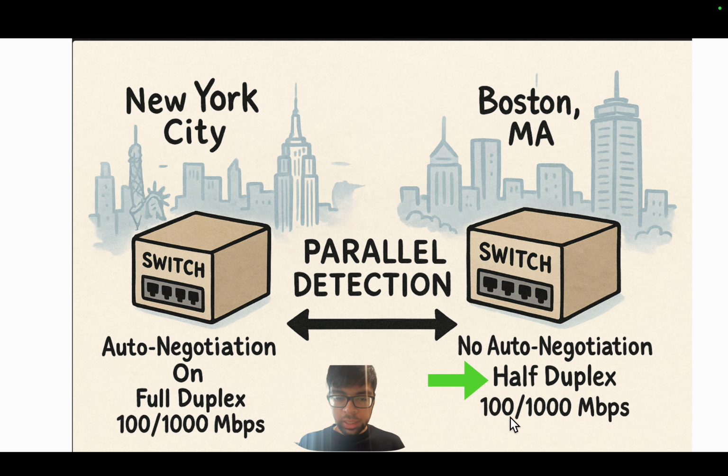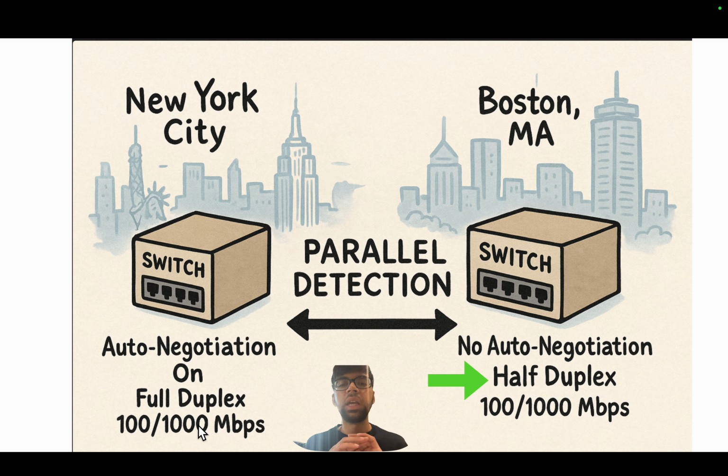Now, it's done this using parallel detection. Great. There is a slight problem here. I won't talk about it too much for now, but this is a duplex mismatch. You've got half duplex on one side, full duplex on the other side. This is not something you want to have. But the link will still work; it doesn't result in a failed link. This is why these kinds of problems are harder to detect than a speed mismatch, because a speed mismatch will result in a failed link.